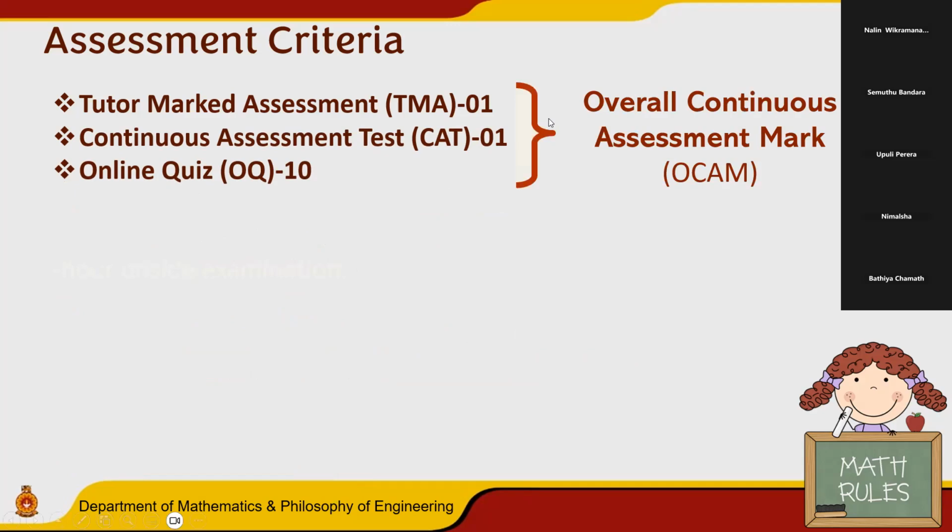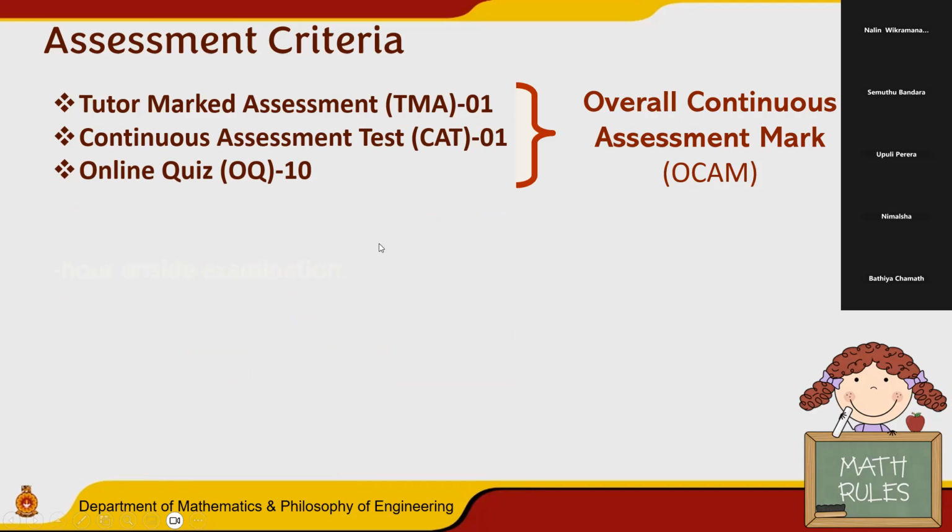That is because we are calculating an overall continuous assessment mark based on the marks obtained for each of these components. This is called the OCAM, overall continuous assessment mark. We calculate this based on the marks you obtain for these individual components.